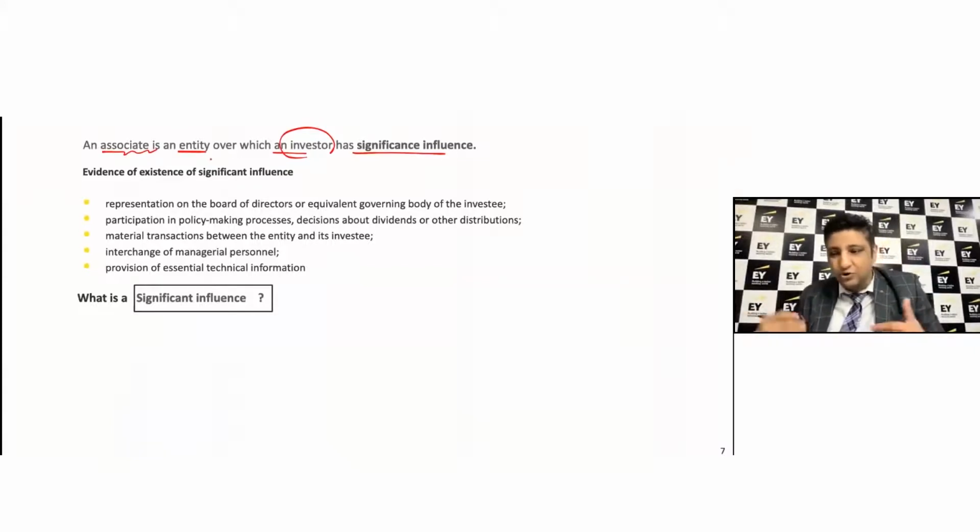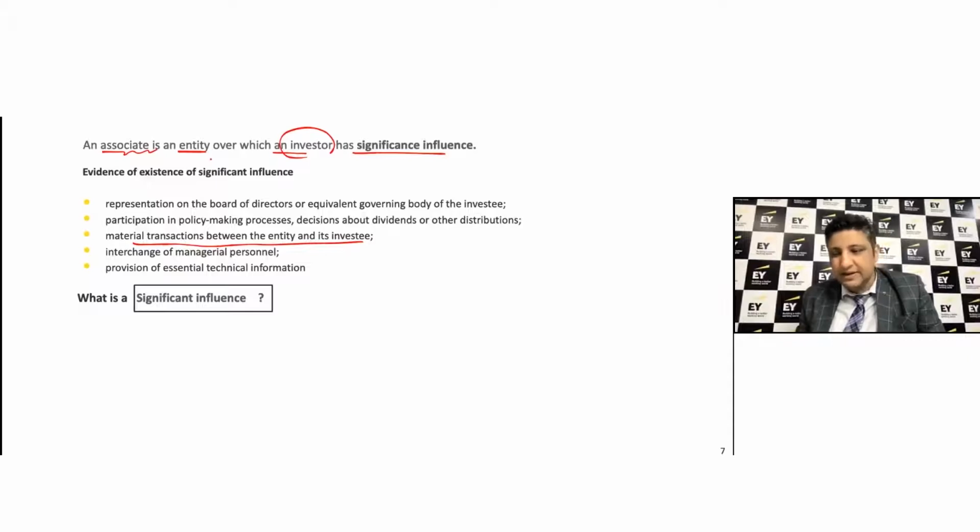Now, how do you conclude whether there is significant influence present or not? A very common aspect is when there are material transactions between the entity and its investee. You've made some investment in an entity and you're doing significant business with that entity.